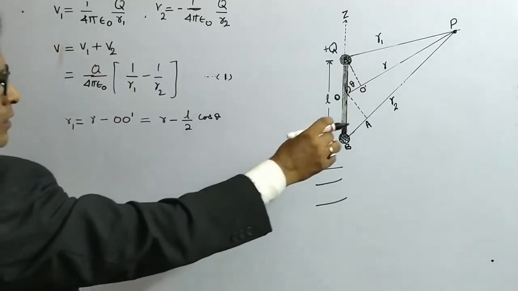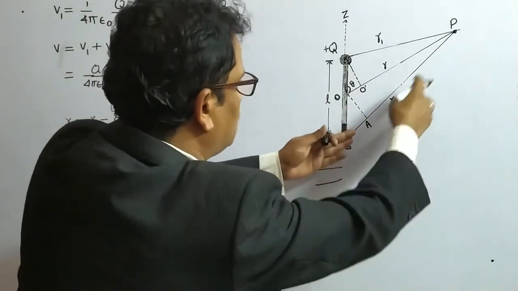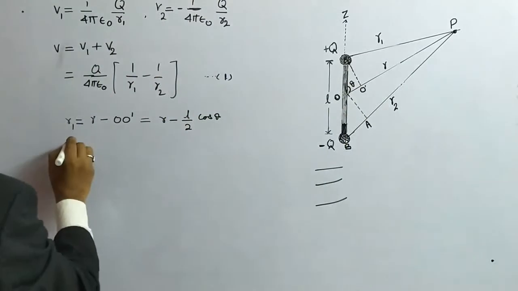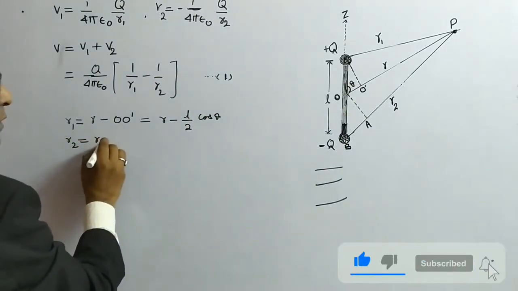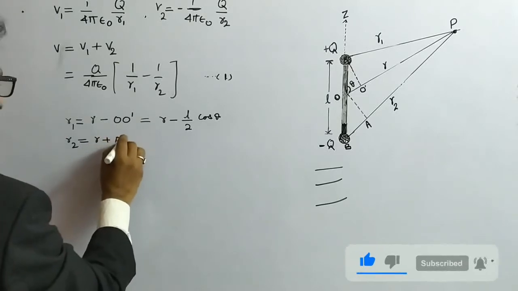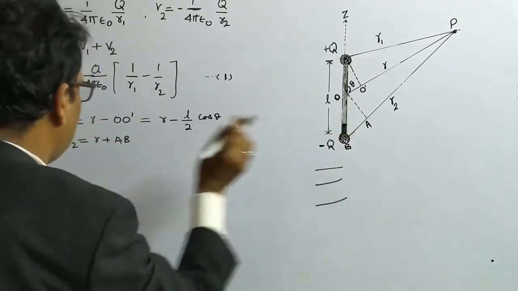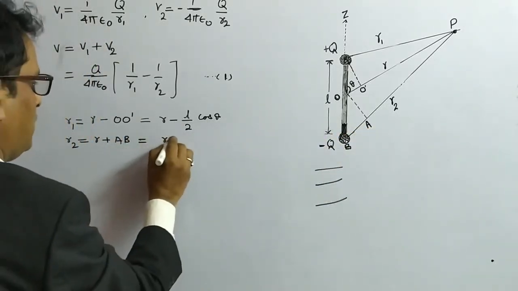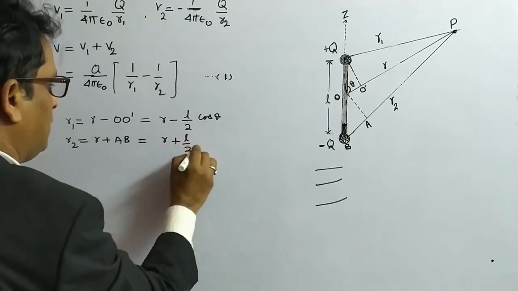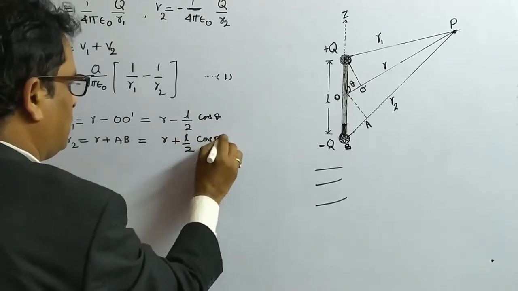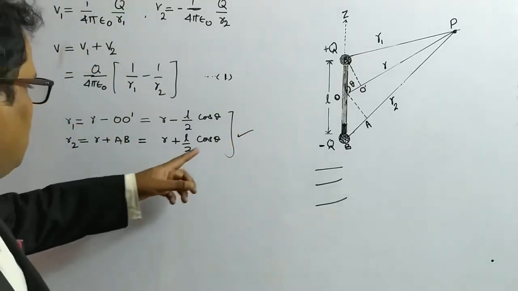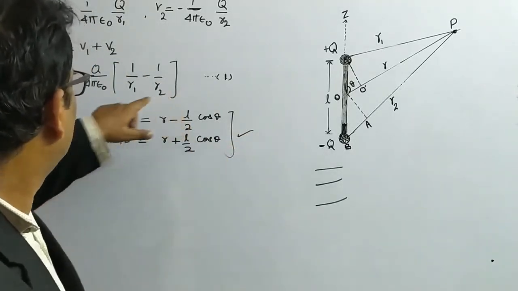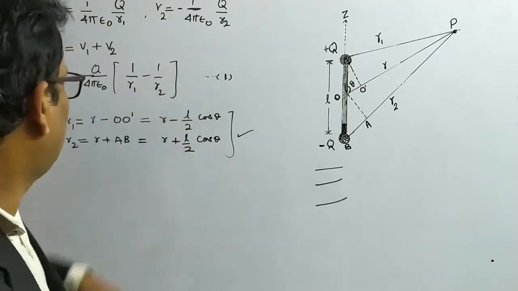In the same way I can approximate this r2 to be r plus ab dash, and ab dash is equal to r plus L by 2 cos of theta. So we will substitute these two equations for r1 and r2 in this equation.